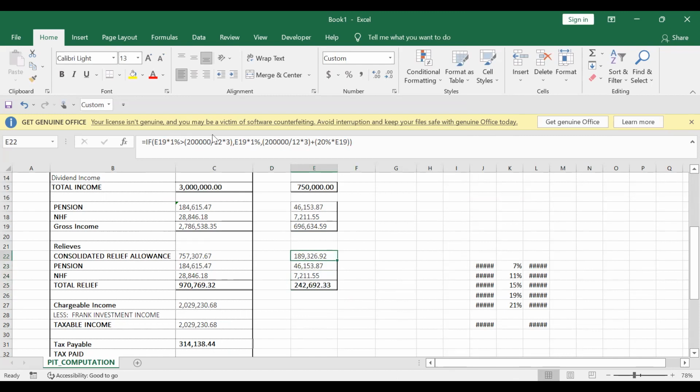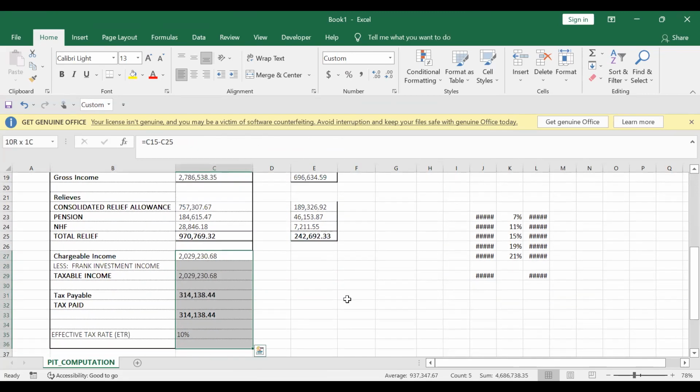What we are trying to say is that the 200,000 that we are to add to the 20% is actually for 12 months. So if you are calculating the PAYE for less than 12 months, you need to prorate that standard 200,000, right? So that is what we mean by that.